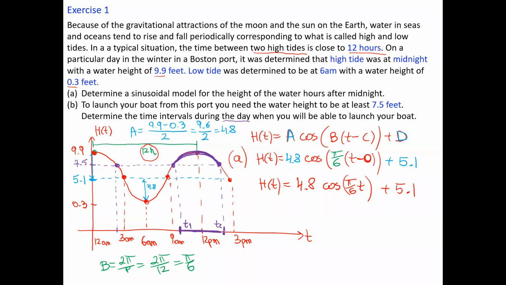Let's find this. We have to set up our equation. Part B will be this equation. The height must be 7.5 feet or above. Let's solve this equation. I will move everything to the other side. Part B, 4.8 cosine of pi over 6t plus the shift 5.1 must be 7.5.